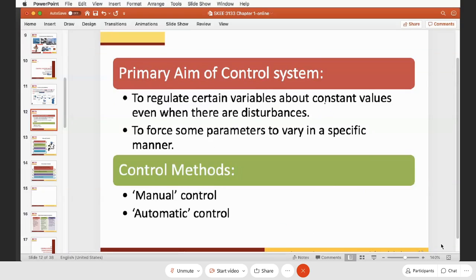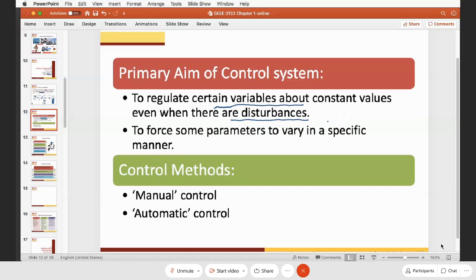So the aim of the control system is to regulate a certain variable, meaning that we regulate the power to the heater, we regulate the voltage to the motor, about a constant value even when there are disturbances. So meaning that when your system has many disturbances, or your door, your windows open, the room temperature will increase.